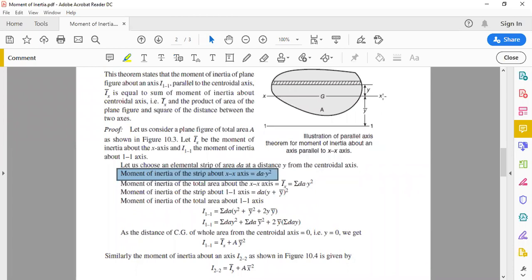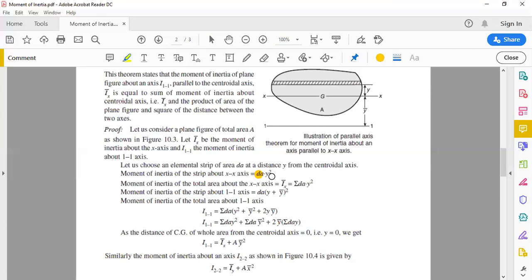So what is moment of inertia? We know that moment of inertia is area into square of perpendicular distance. What is the area of the element? Area of the element is dA, since it is an element, we are denoting it as dA, and the distance is y, therefore it is y square. So moment of inertia of this strip about x-axis is dA into y square.